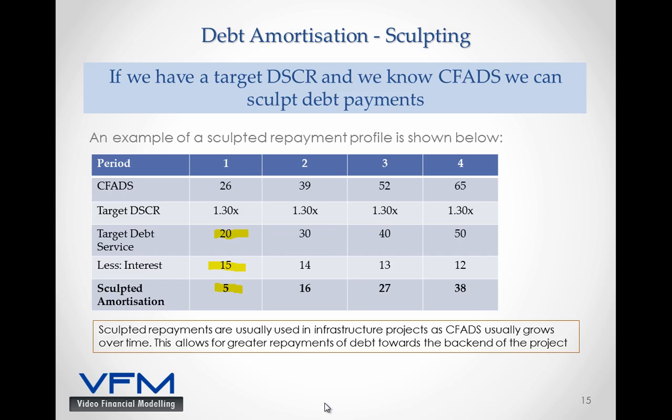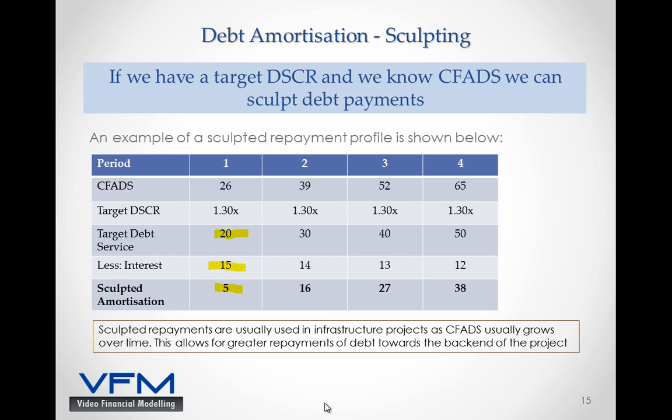So what happens there is your CFADS is relatively constant along the way. So that would suit a credit foncier repayment profile because your CFADS is flat, so your repayment should be pretty flat. But in a lot of cases, your CFADS is going to grow over time.